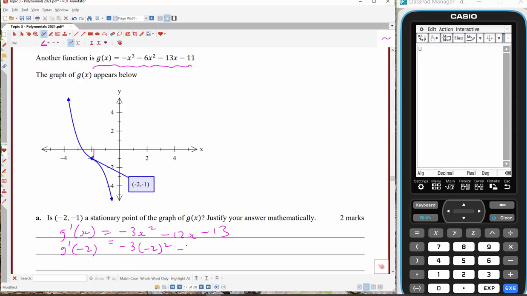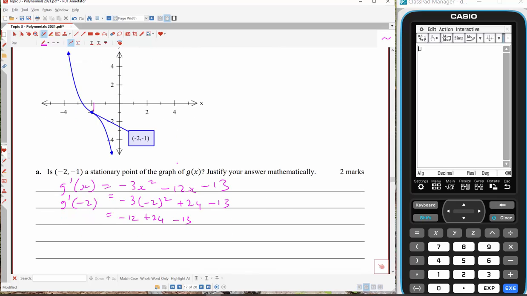-3 times -2 squared plus, what's that going to be, 24, take 13. This one here is going to be -12 plus 24, take 13. And that, unfortunately, is -1, which means that it's not a stationary point.